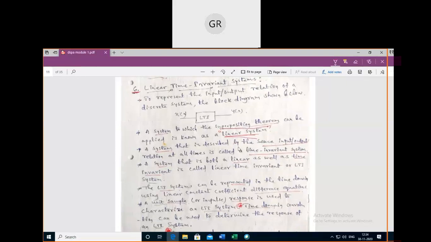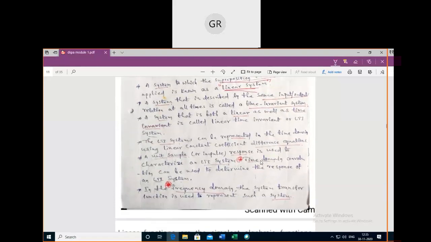A system that is described by the same input output relation at all times is called a time invariant system. Then what about the LTI system? LTI means a system that is both linear as well as time invariant.